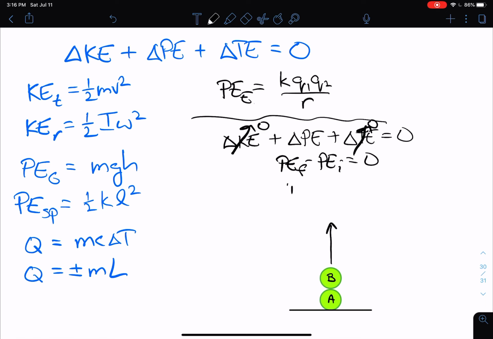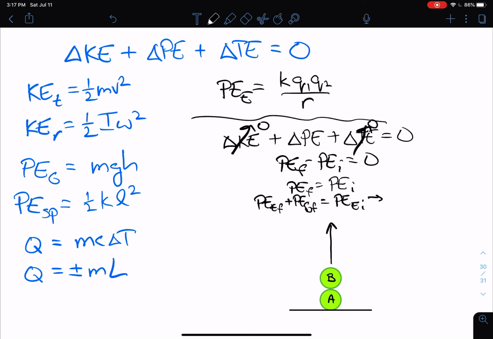These have to equal each other. Initially, we have just the electrostatic. And we'll just assume that where B is to begin with is 0 height. That's where I'm going to say h is 0. And so that means for the final, we're going to have the electrostatic potential energy final, plus, of course, the gravitational final.